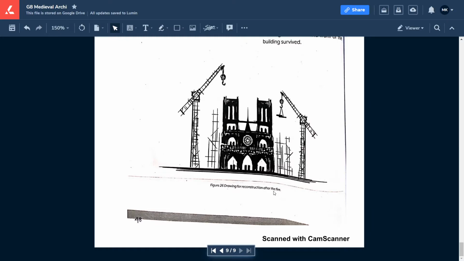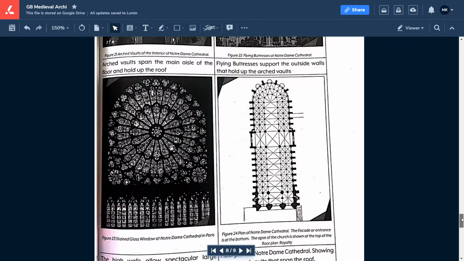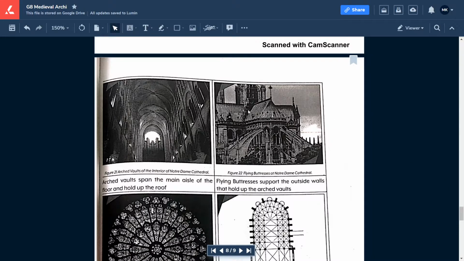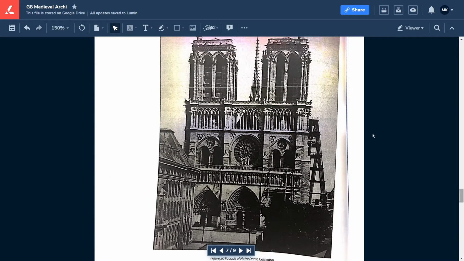Why do you think it's important to save these kinds of things? I mean, those kinds of buildings, those kinds of architectures. Don't you think that this symbolizes the country? It's important because it symbolizes the country and it gives us a chance to know about the history of this place or the people and cultures that lived in this country.